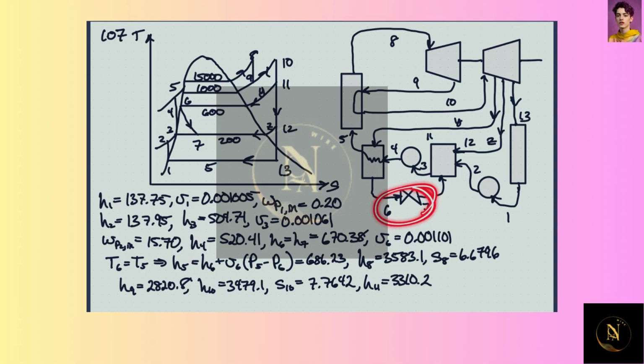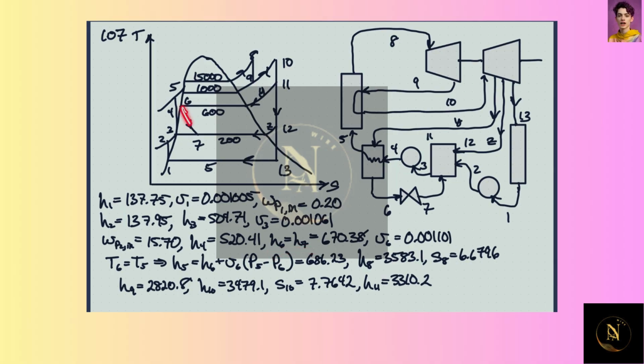Now, across this expansion valve, we have constant enthalpy, assuming there's no heat transfer there, and obviously no mechanical or electrical work being done. So those two enthalpies are equal, and we know that 6 is a saturated liquid.